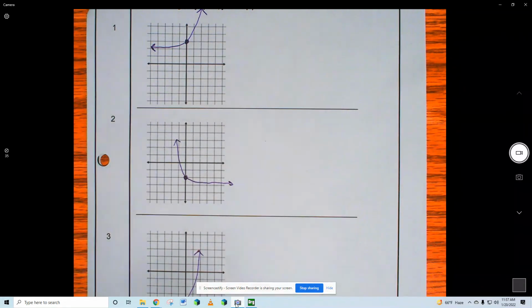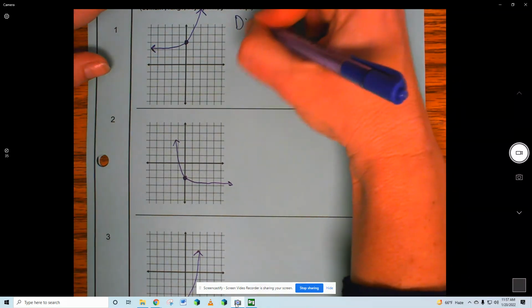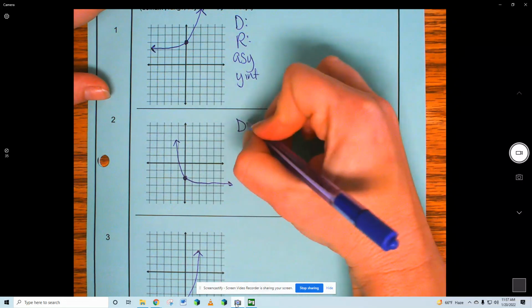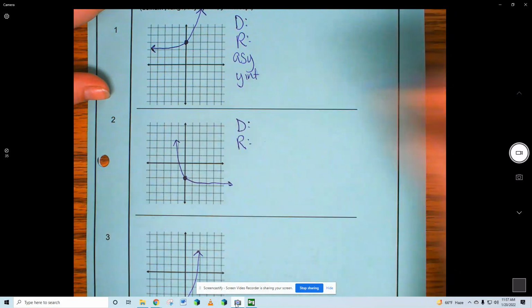Okay, all right, copy those three down. You are doing domain, range, asymptote. What's the last one at? It's at -4.